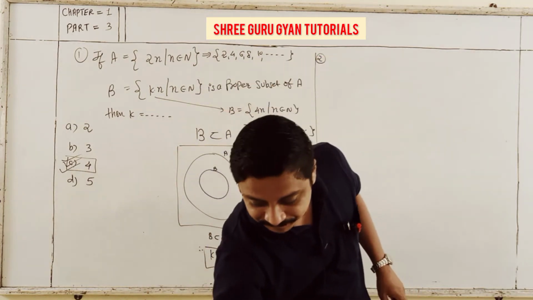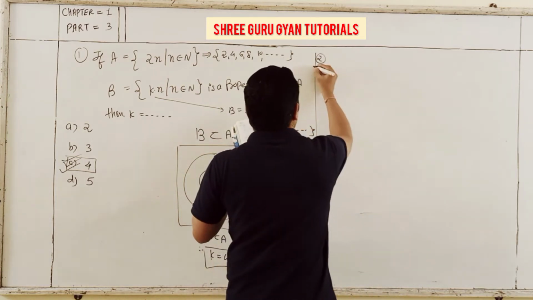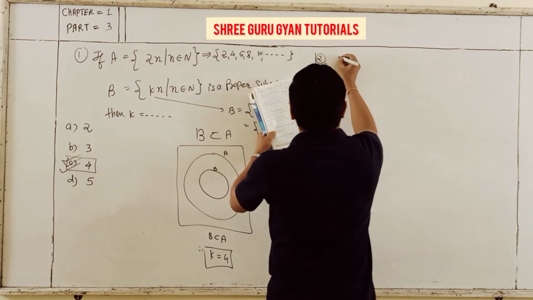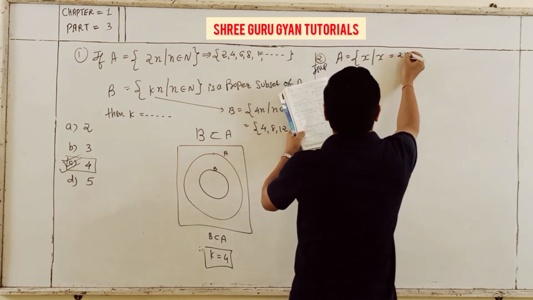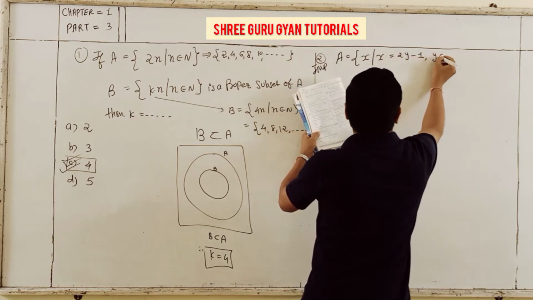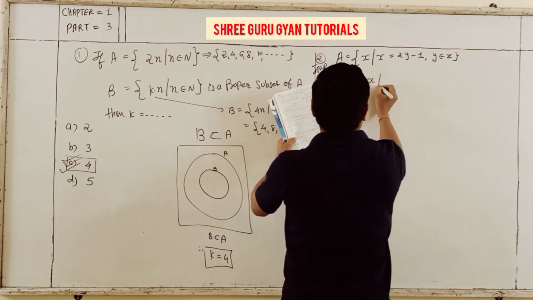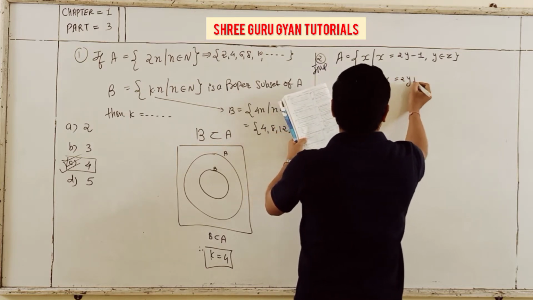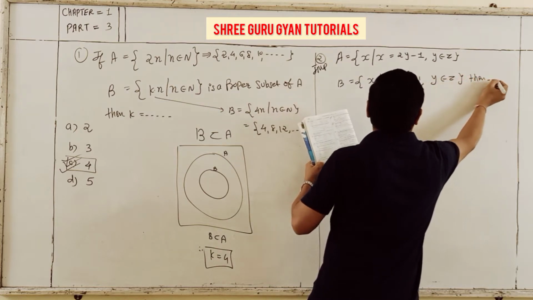Now the second one is important. Let the set A be x such that x is 2y minus 1, y belongs to Z, and set B be x such that x is 2y plus 1, y belongs to Z, then dash dash dash.